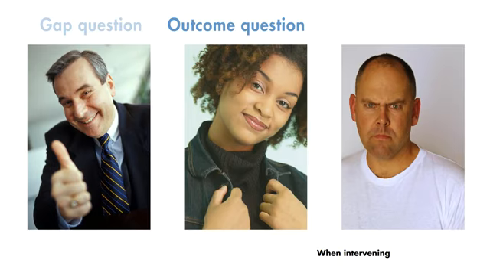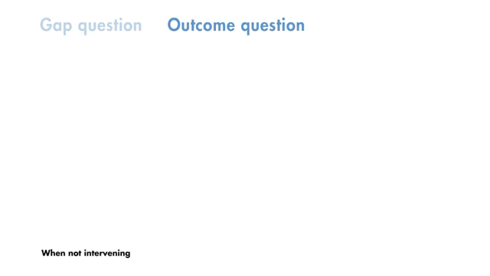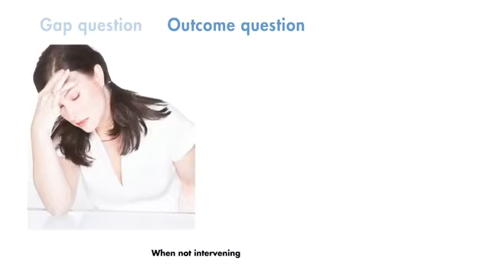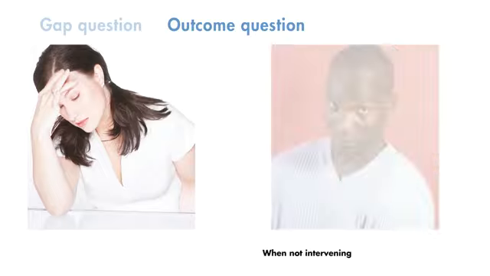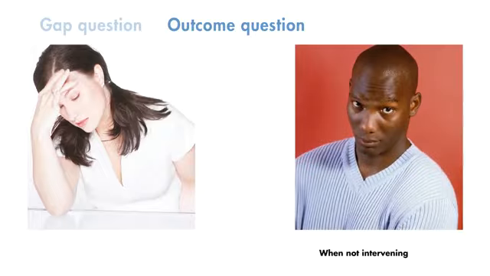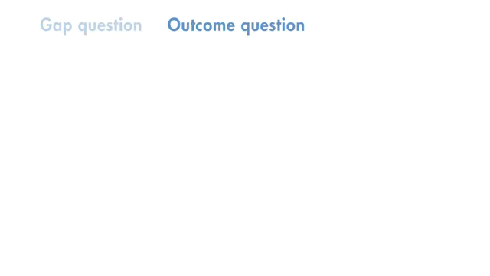Frustration if intervention isn't appreciated or effective. Outcomes when not intervening. Bad feelings when an incident happens that could have been prevented. Comments by others that you should have intervened.